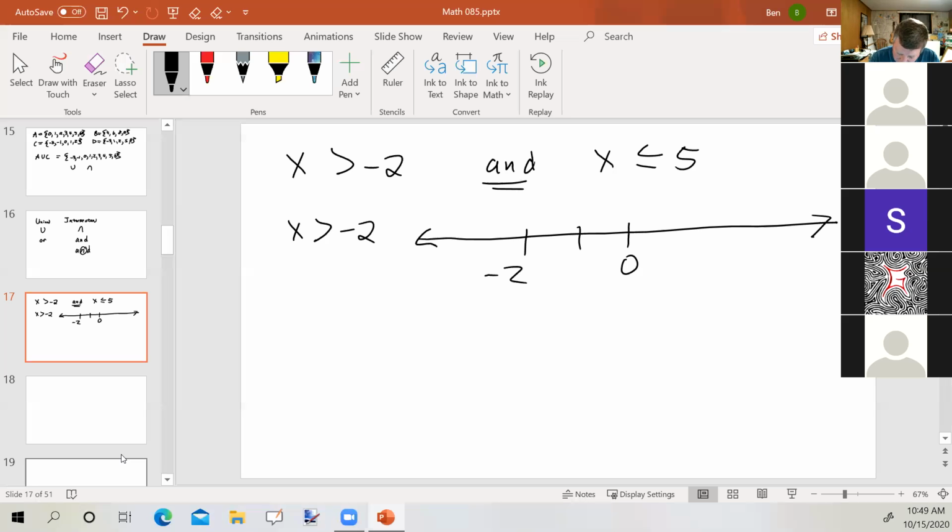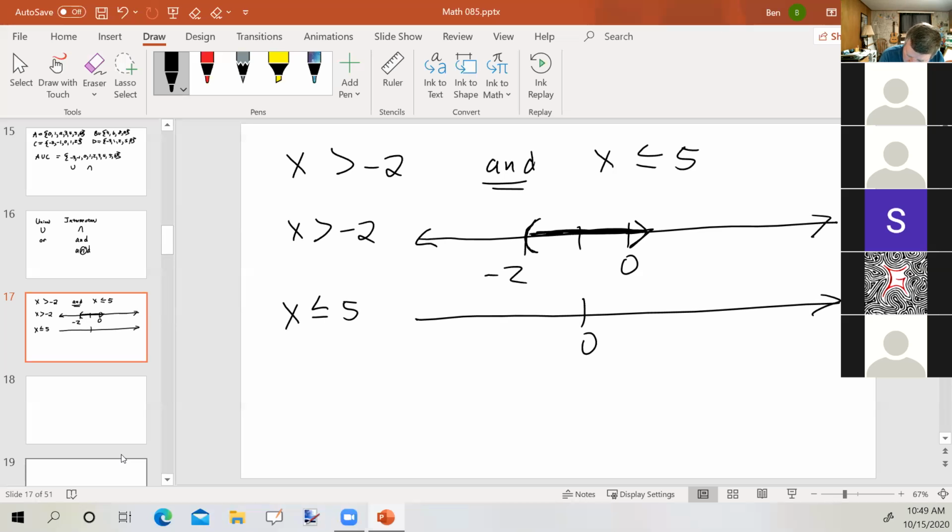But X greater than -2, we're going to put a parenthesis at -2 with an arrow going to the right because it says it's greater than -2. Okay, now X less than or equal to 5, we're going to put a bracket because it includes the equals to and an arrow going to the left.